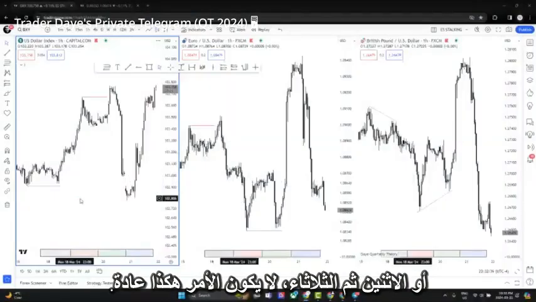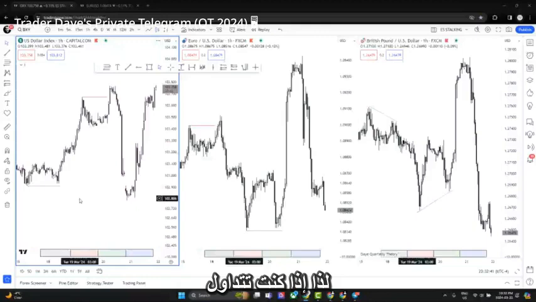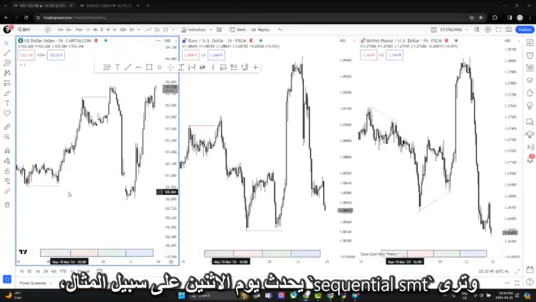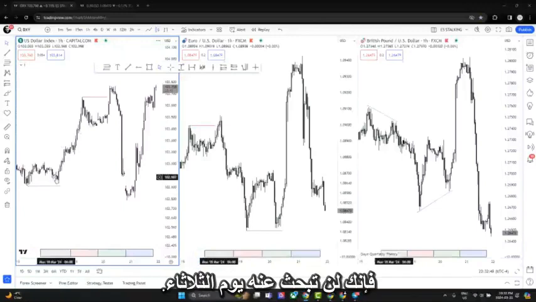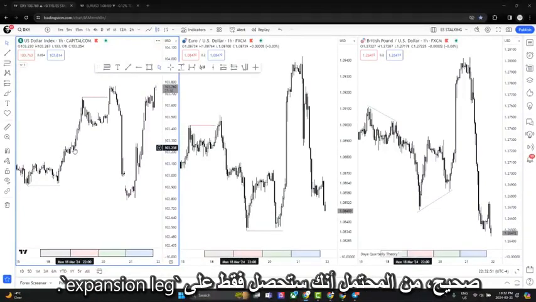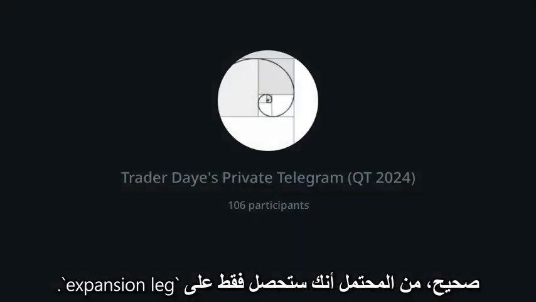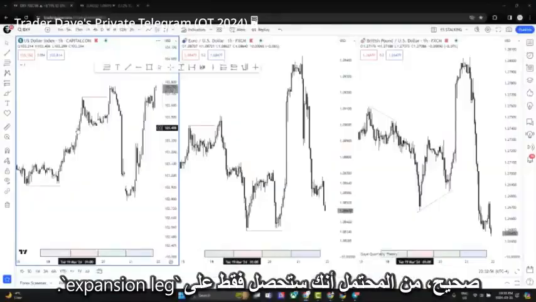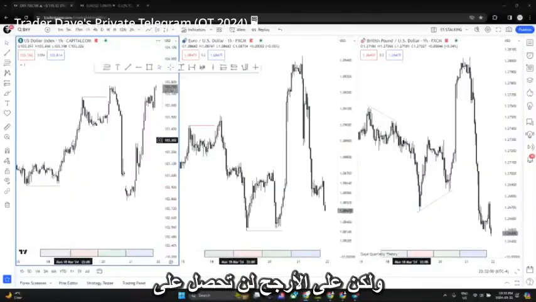It's not usually like that. So if you see sequential SMT happen on a Monday, then Tuesday you're not going to be looking for that, right? You're probably just going to get an expansion leg, but more than likely you won't get a reversal.